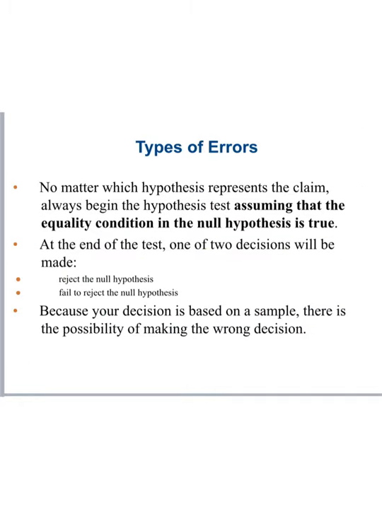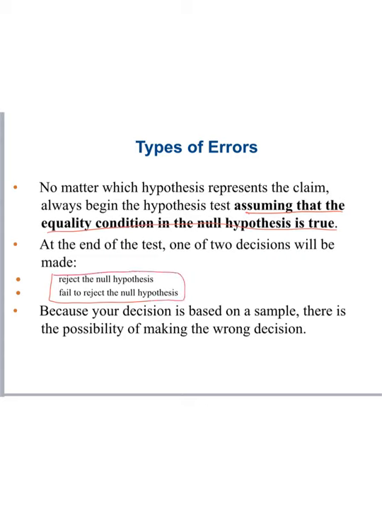Okay, so the types of error. No matter which hypothesis represents the claim, always begin the hypothesis test assuming that the equality condition in the null hypothesis is true. That's what we assume. At the end of the test, one of two decisions will be made: reject the null hypothesis or fail to reject the null hypothesis.